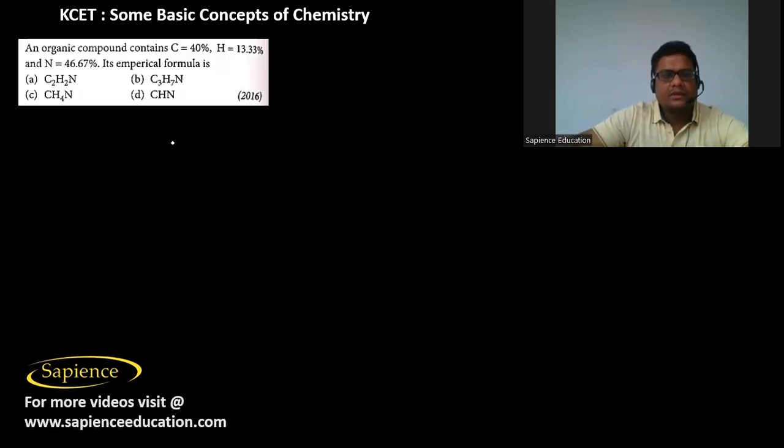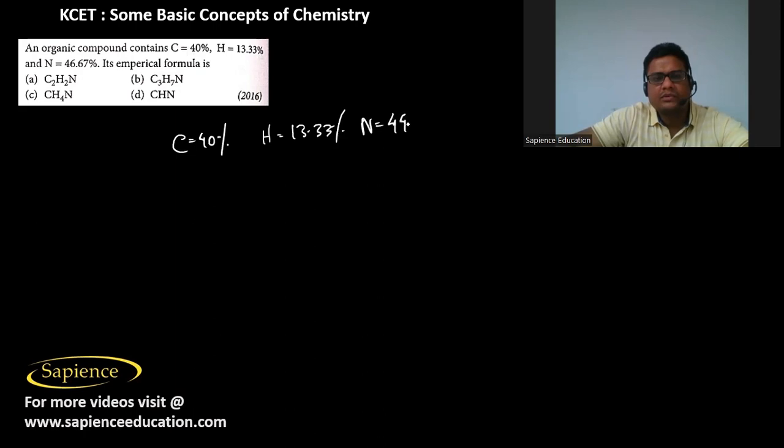Then here it is told an organic compound contains carbon 40%, hydrogen 13.33%, and nitrogen 46.67%.